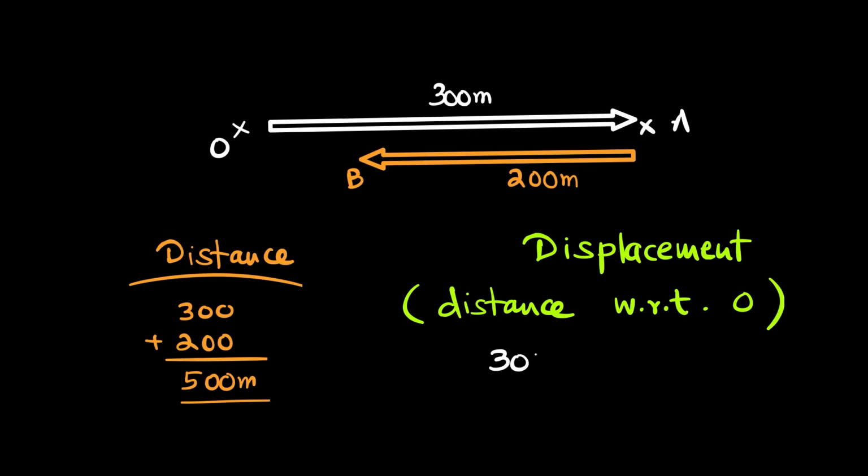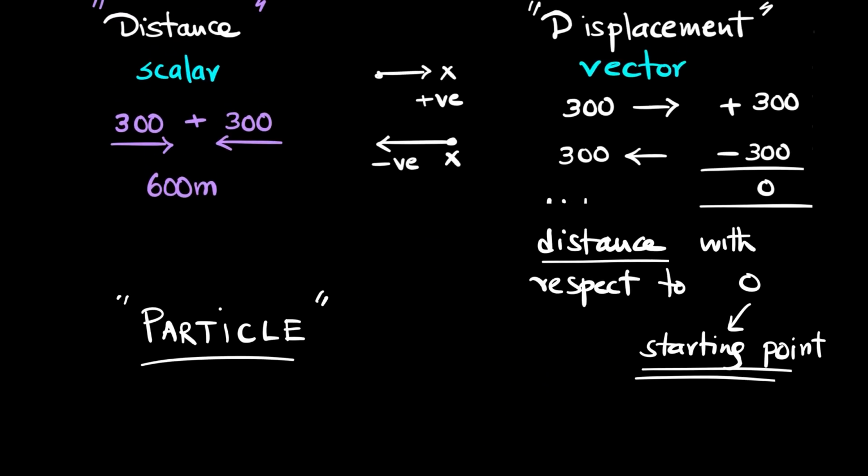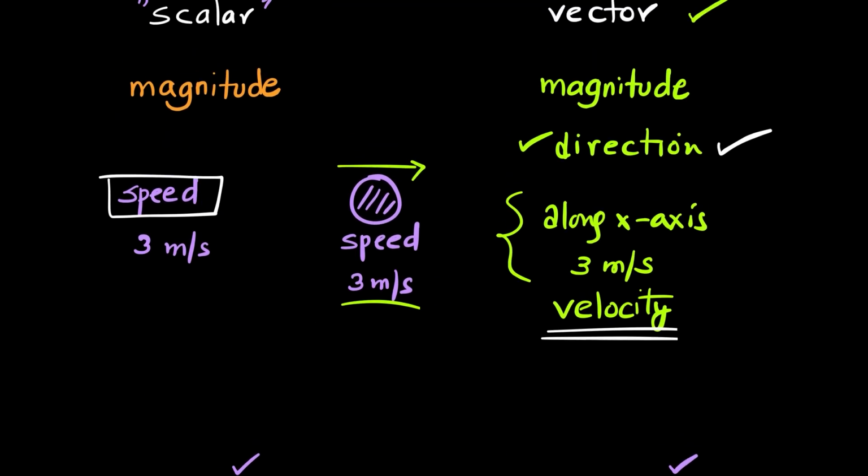I'll say 300 is positive, and we will add to it 200 meter, which is negative displacement because it's in the opposite direction. So when I add these two up, because of the negative sign, it adds up to plus 100 meter. That is the distance with respect to the origin, which is this. So this explains the difference between vector quantity and scalar quantity.